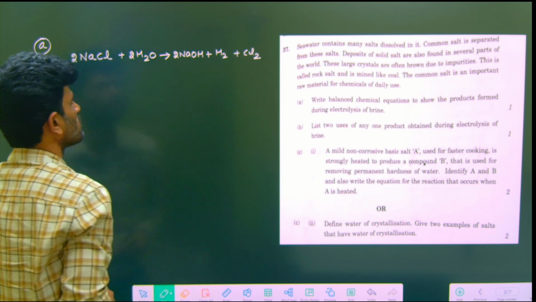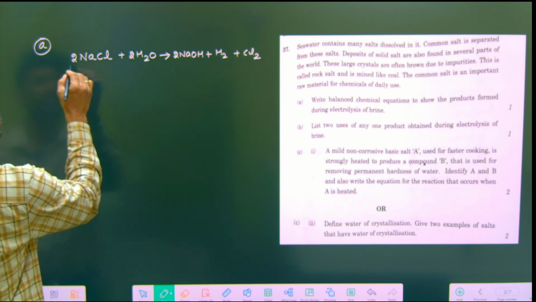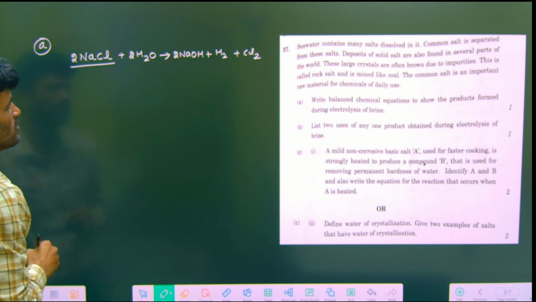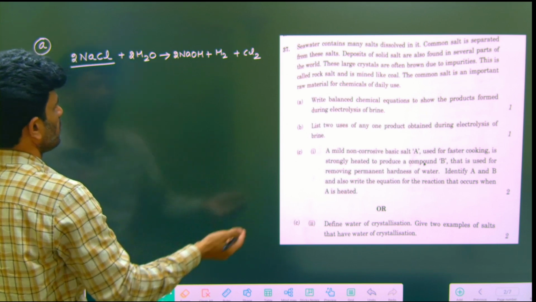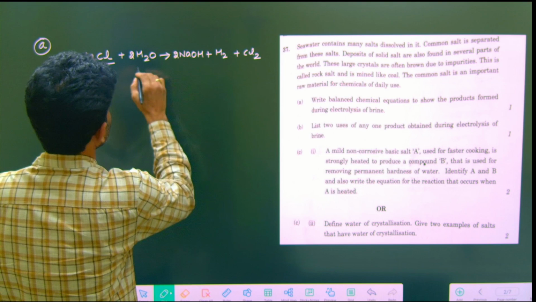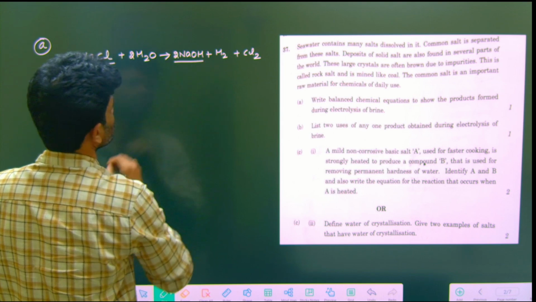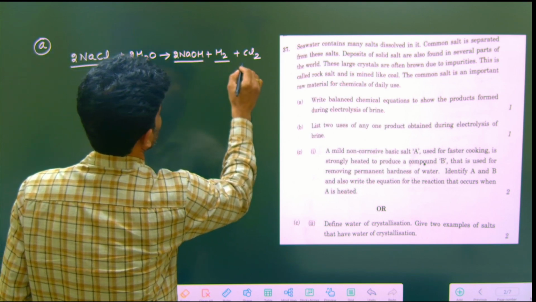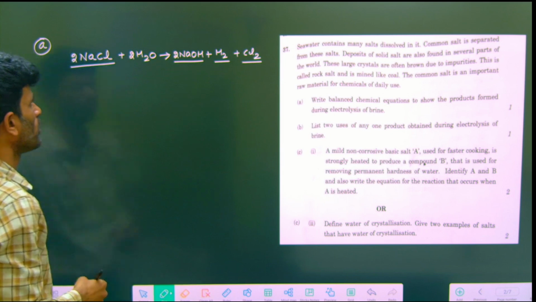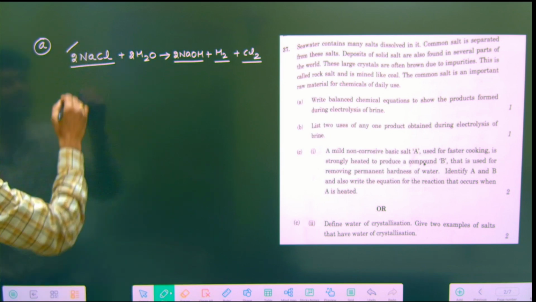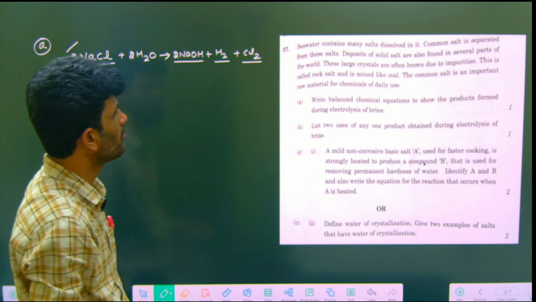These are the products. When sodium chloride, that is brine solution, undergoes electrolysis, it will be decomposed into sodium hydroxide, hydrogen gas and chlorine gas. This is the first question answer, the balanced chemical equation of brine.